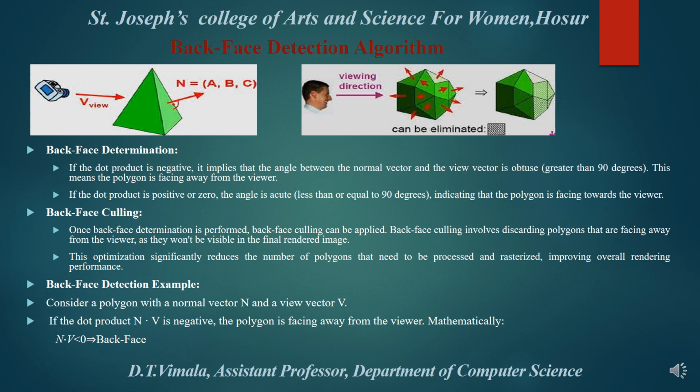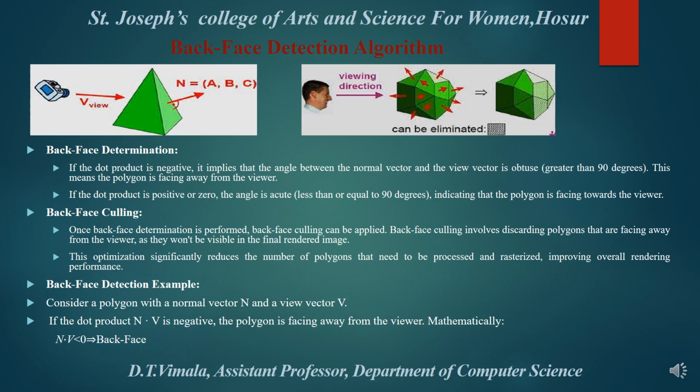See in the image that the viewer is viewing some polygon which is in the viewing direction, it will be visible, and the others which are dotted are not viewed by the viewer, so they will be deleted or eliminated.